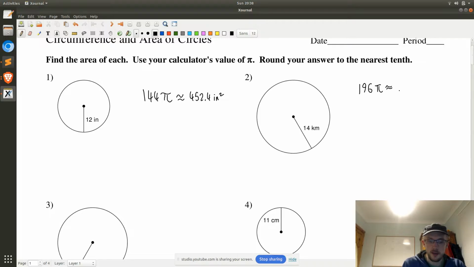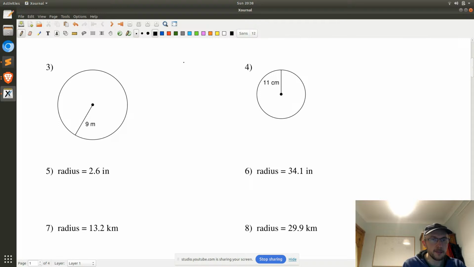To the nearest tenth, that'll be 615.8 square kilometers. Next up, 9 squared is 81 pi, which is 254.5 square meters to the nearest tenth.